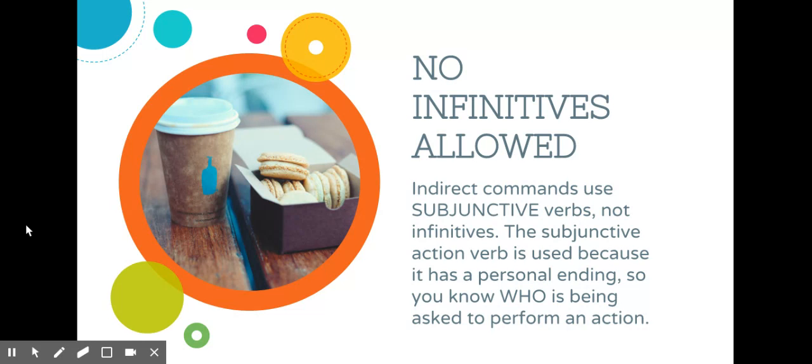The subjunctive action verb is used because it has a personal ending. It has an m, s, t, mus, tis, nt. That way you know who the subject of the verb is supposed to be. Who's supposed to be doing the arriving at the atrium? Who's supposed to be doing the proceeding into the house? You need to look at the ending of the verb in order to determine all that.